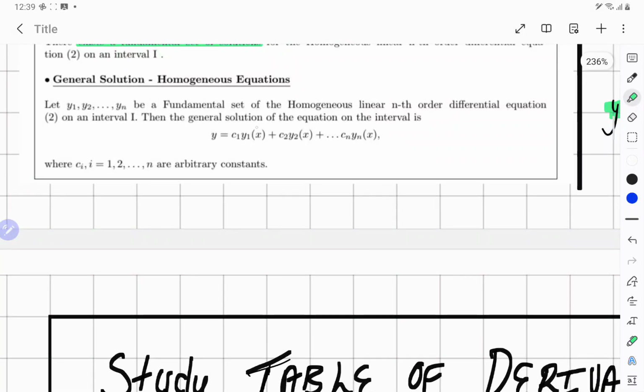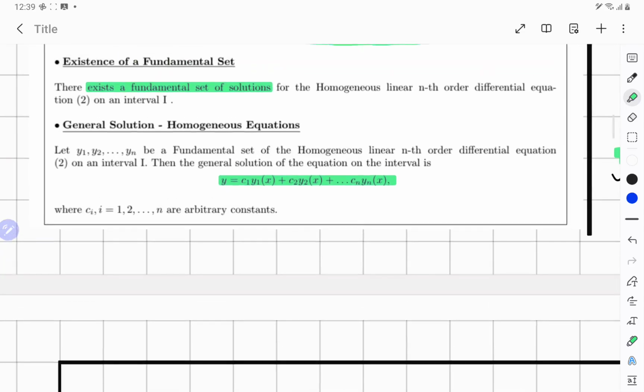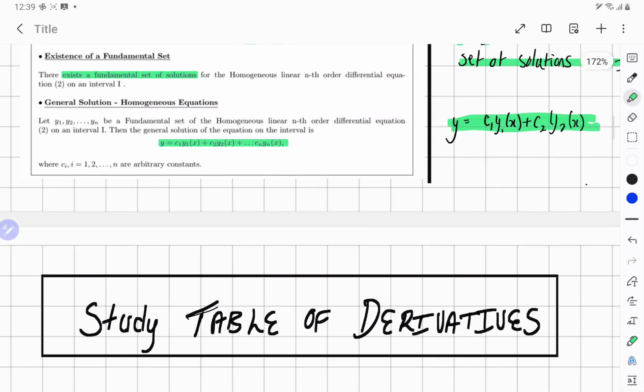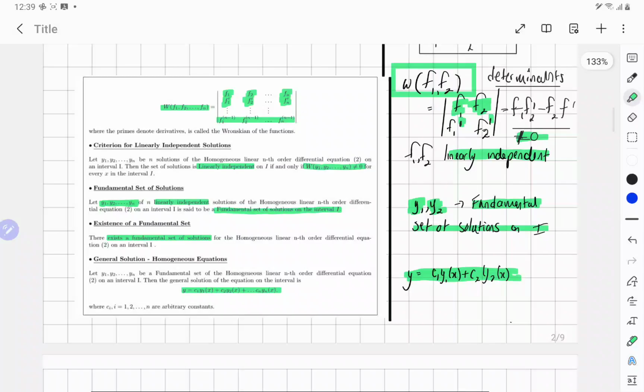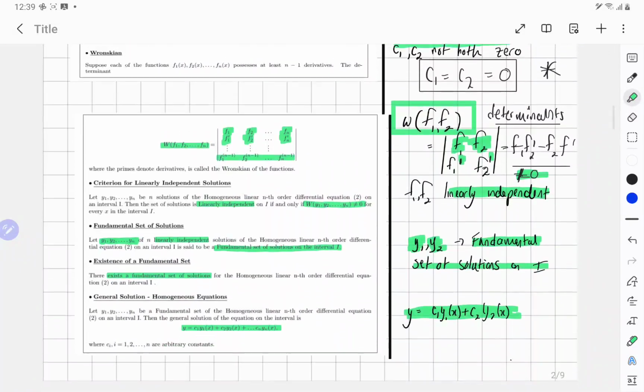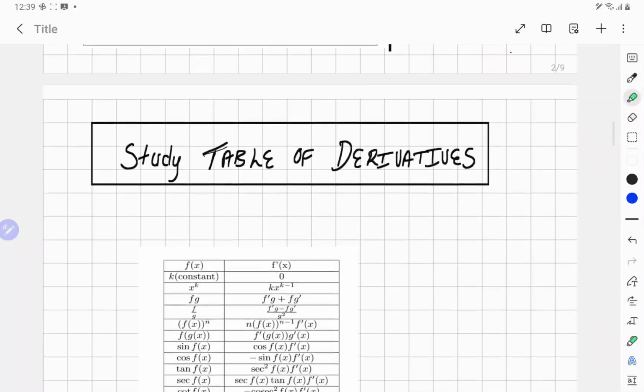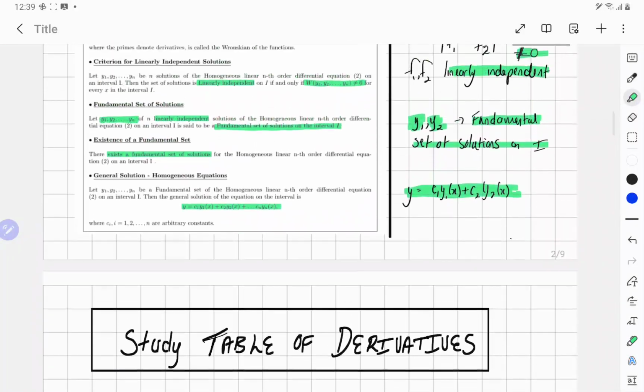And the linear combination of the fundamental set of solutions will be our general solution. But all of this later in the examples, because it's quite a mouthful of theory that you need to study.